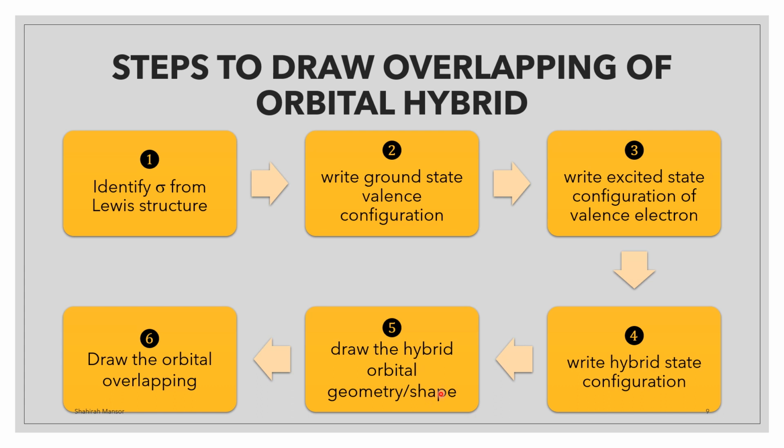Later, you will draw the shape of the hybrid orbital, and later on, we will draw the orbital overlapping. So, untuk hybridization ini, kita akan masih melukis orbital overlapping. Tetapi sebelum kita draw orbital overlapping, kita akan lukis dahulu ataupun identify dahulu shape of the hybrid orbital.